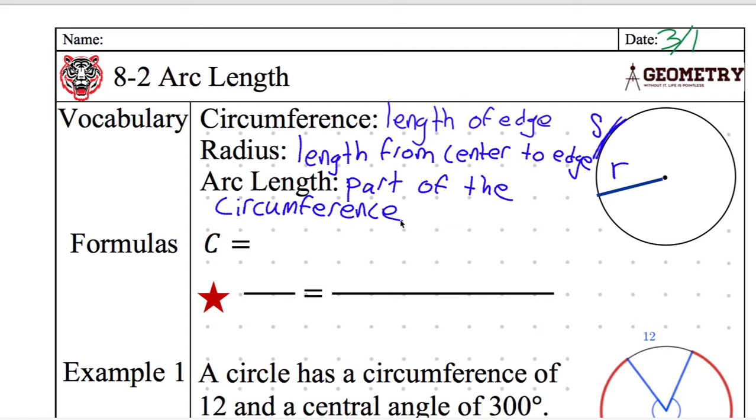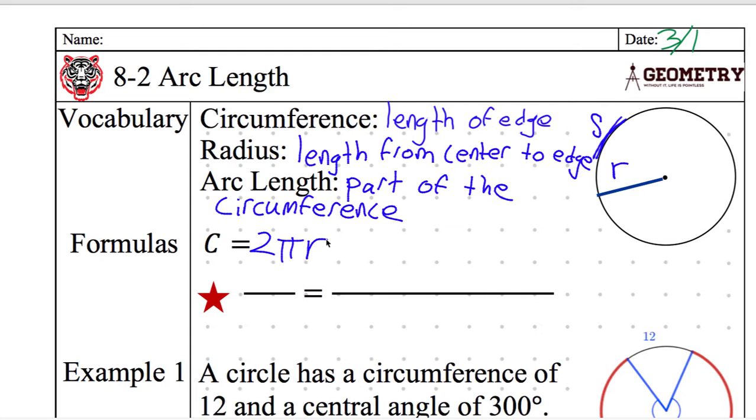You want to give it another shot, or are you going to give it to someone else? All right, you get to choose then. There it is, 2 pi r. Write it down. 2 pi r. This is something you will need to memorize. 2 pi r. I multiply the radius by 2, which is really the diameter, and then I multiply by pi.